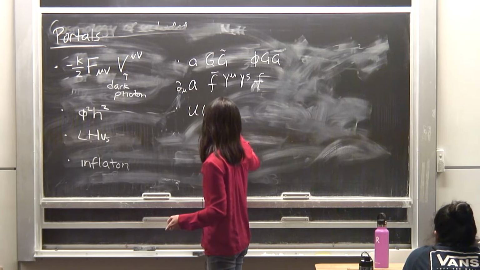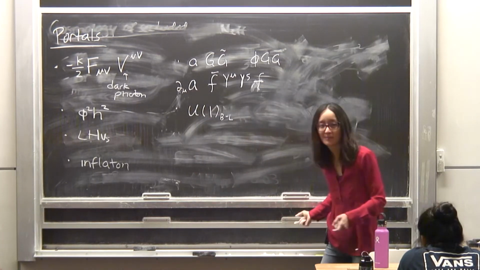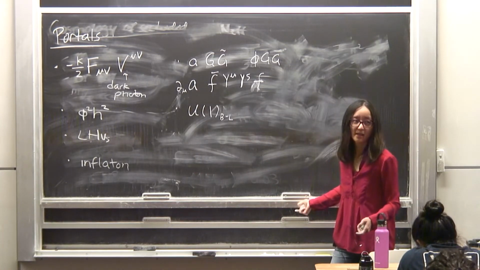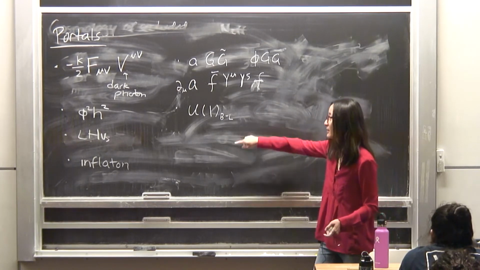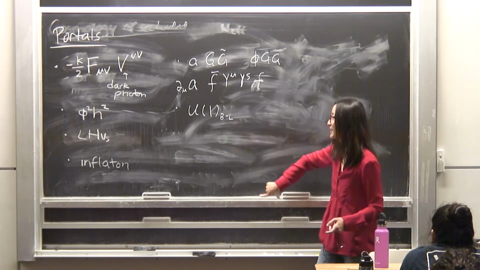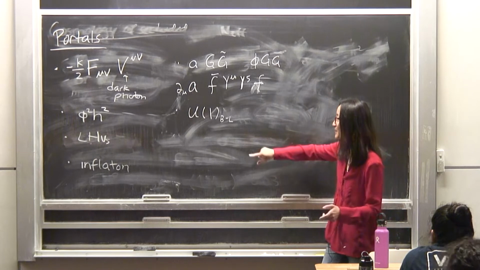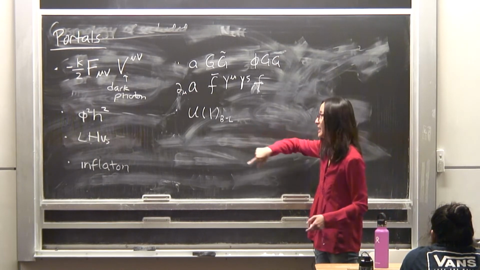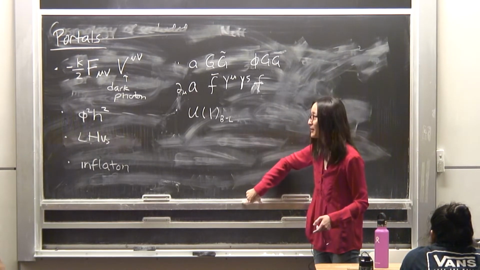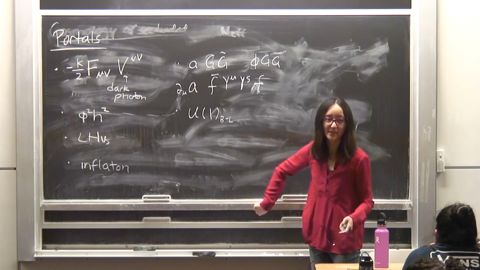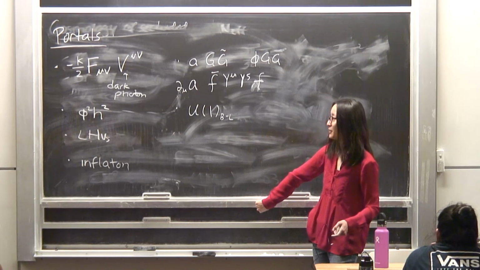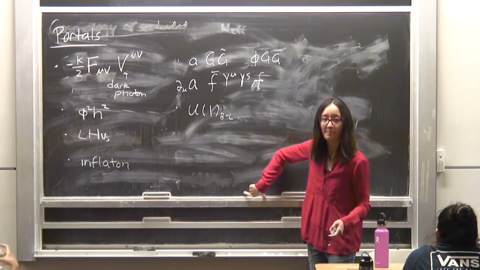B minus L, maybe. There are other combinations of lepton and baryon number, some less bizarre, some more bizarre, that are anomaly free in the standard model that you could try using as a portal.